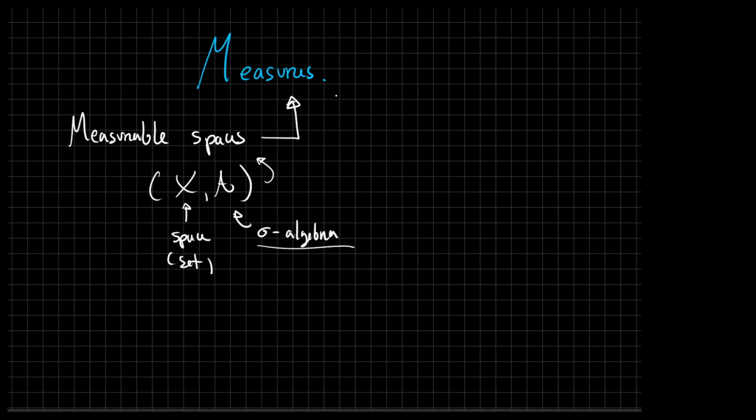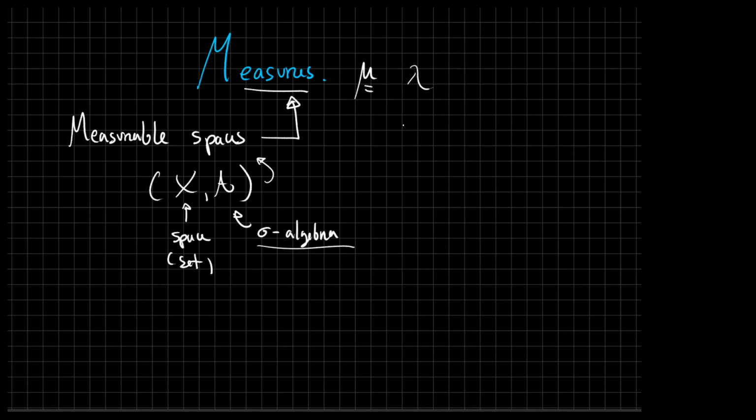So from here we will define a function that is called a measure, that we usually write with this symbol and sometimes with this symbol, which can be many functions.